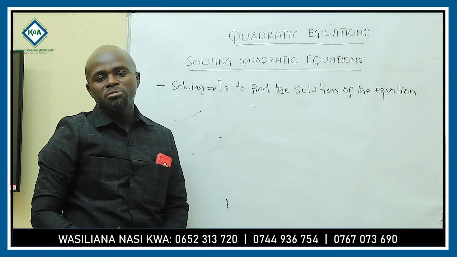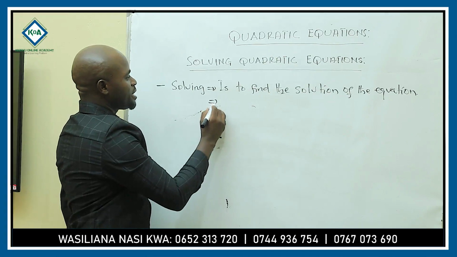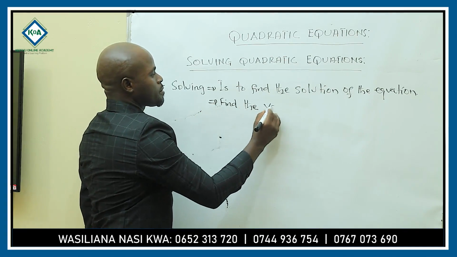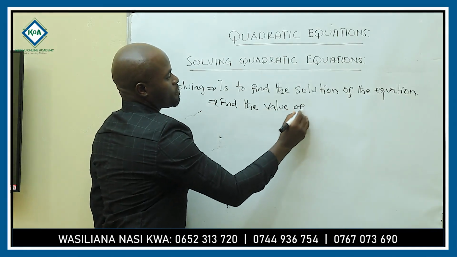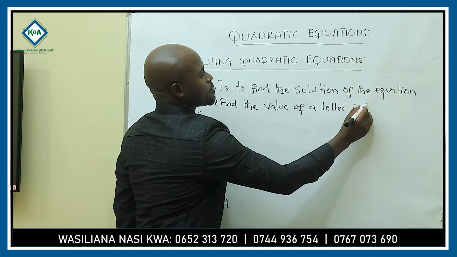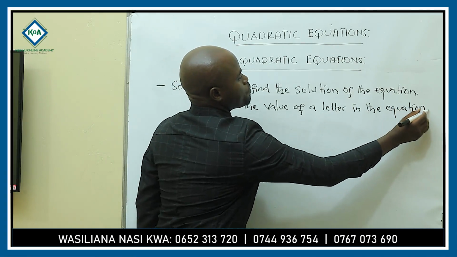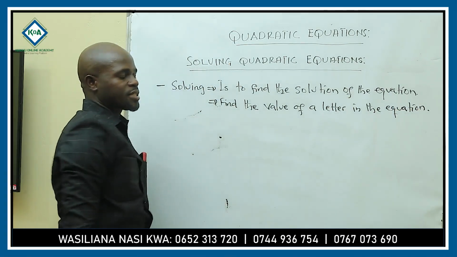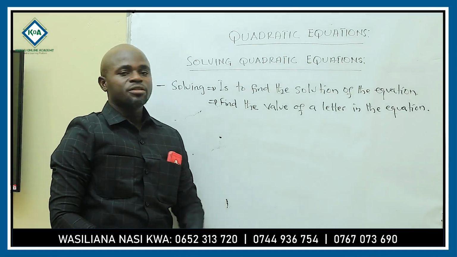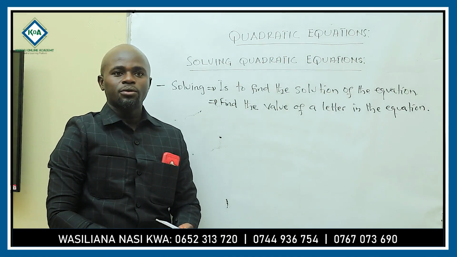And getting the solution means we have to find the value of the letter in the equation. Now, in solving, we have a variety of different ways or methods which can be used to find the value of the letter.